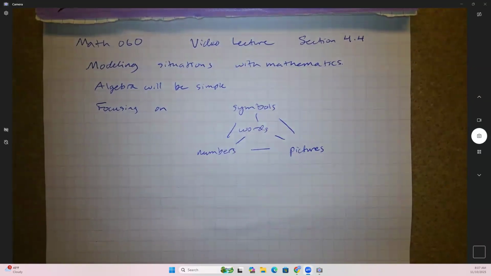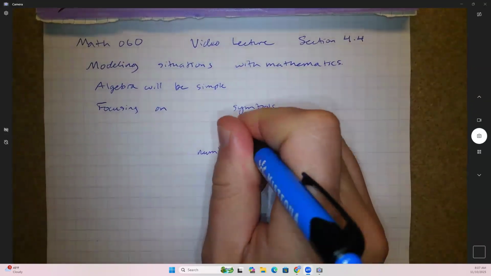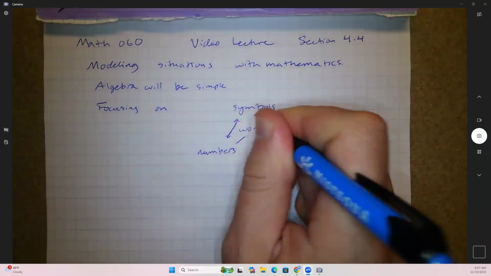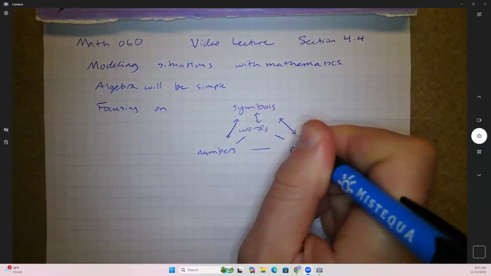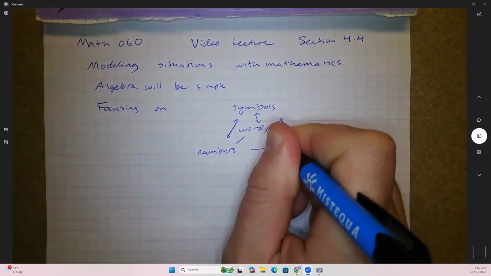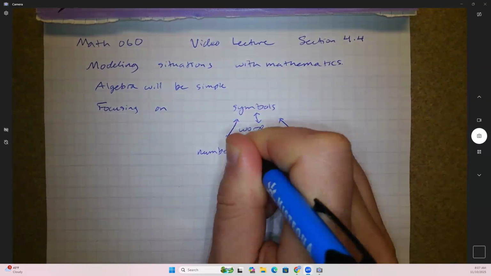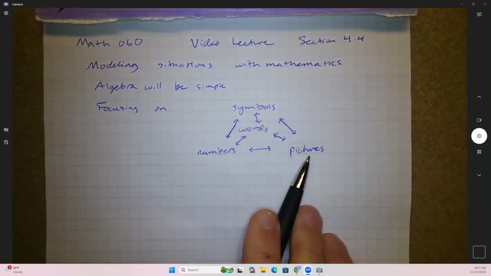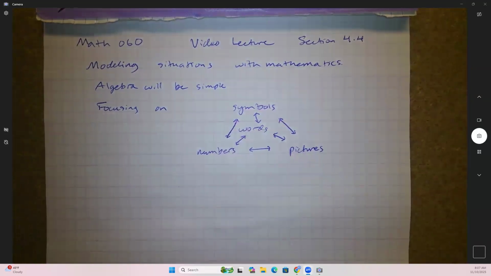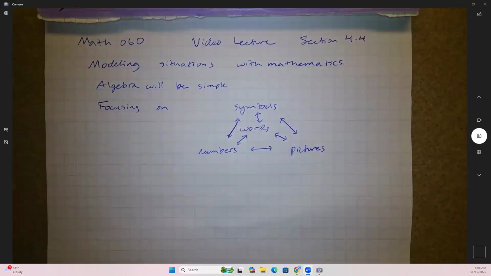There are four main representations of mathematics. Symbols, that's what we've been working with the most. Numbers, we've been working with those a lot as well, especially with arithmetic. Pictures and words, we haven't worked with a whole lot yet. And that's basically what this last portion of the class is about. It's going to be about the words and the pictures.